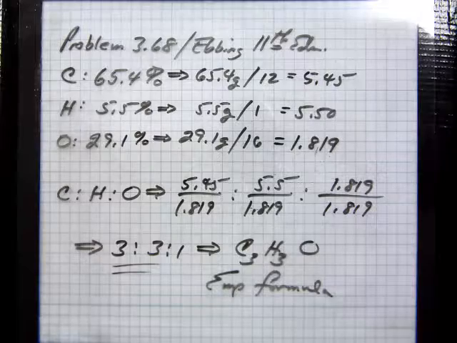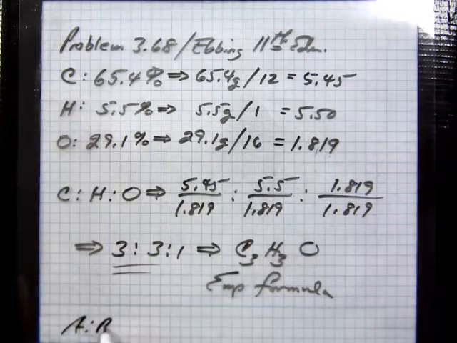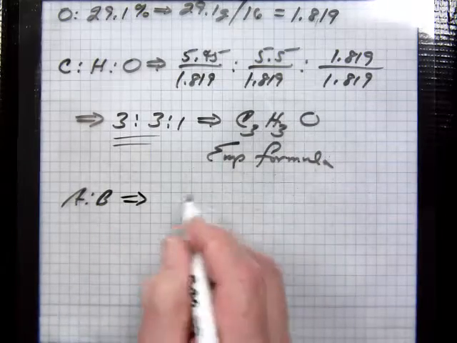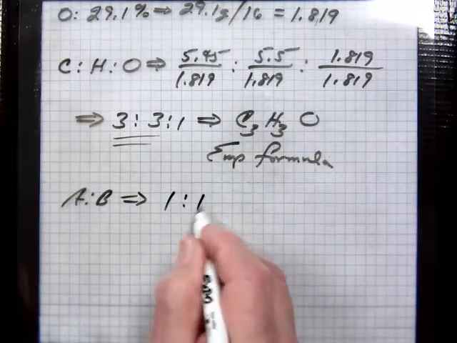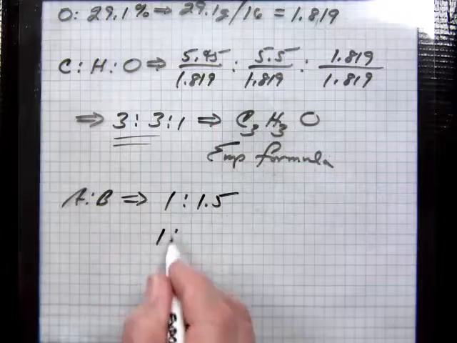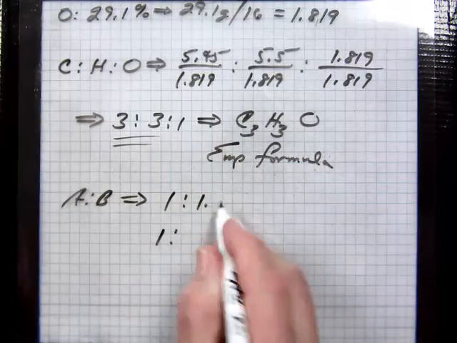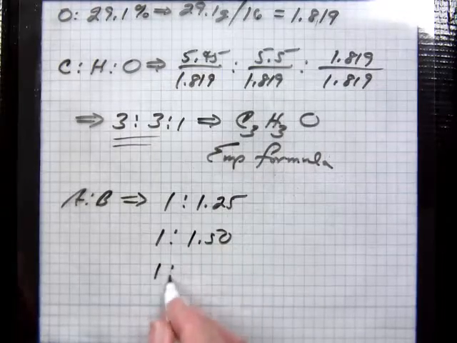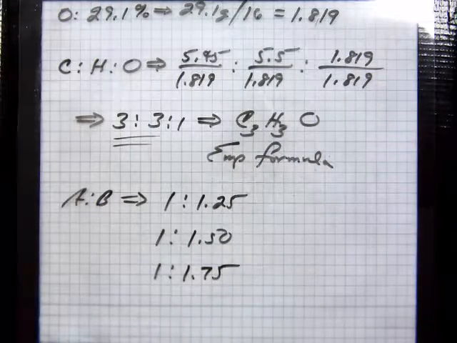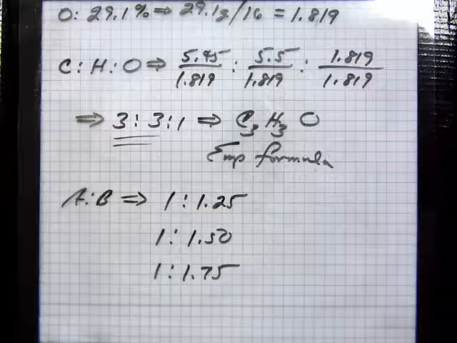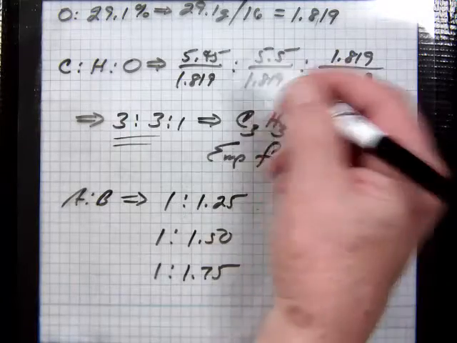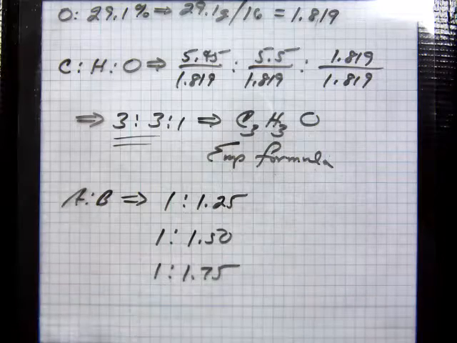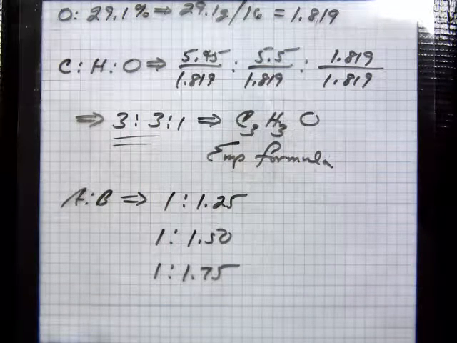Now, what that means is, say you have A, B ratio comes out to 1 to 1.25, or 1 to 1.5, or 1 to 1.75, because it will happen. There are problems which will show up when you do this reduction, right here. They'll give you a thing, and you won't have anything other than that on test day.